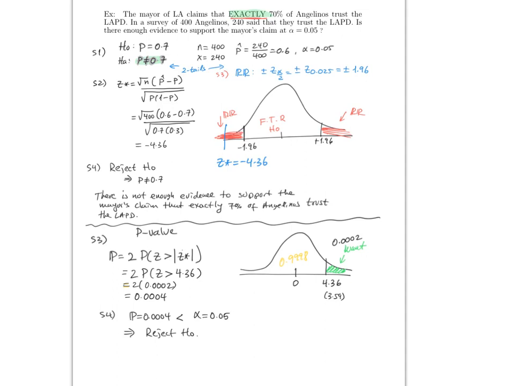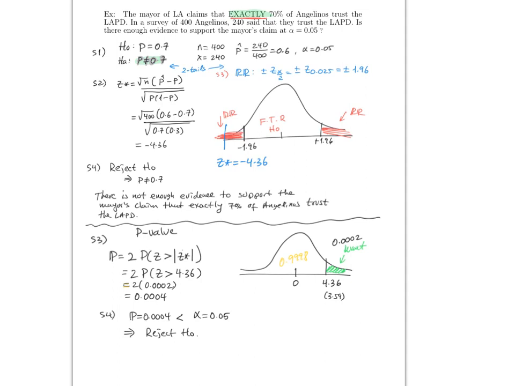So let's say that this was a claim that p is 0.4, and the alternative is that p is greater than 0.4. So first of all, this is not two tails. Why? Because it doesn't have the not equal, okay?